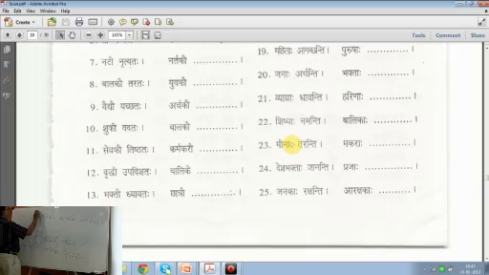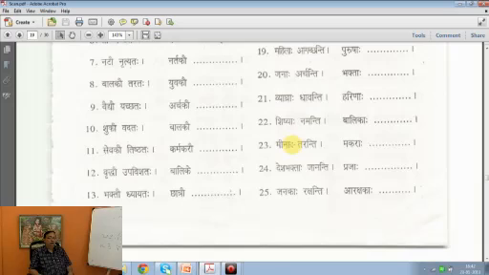This is a feminine noun, Akaranta Strilinga Shabda. This is Balika, Balike, Balikaha. So this is dual number. Vruddhau upavishataha, two old men are sitting. Balike upavishatam, let the two girls sit. If I were to say Balika, Balika upavishatu, Balike upavishatam, Balikaha upavishantu in the plural.